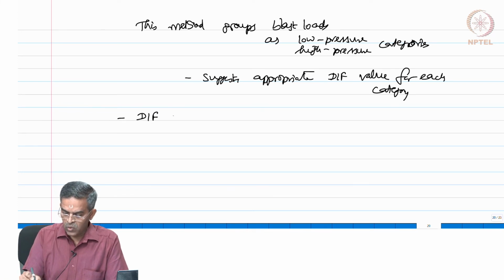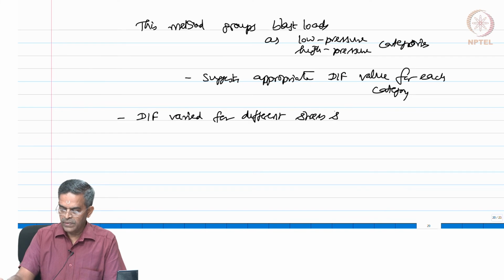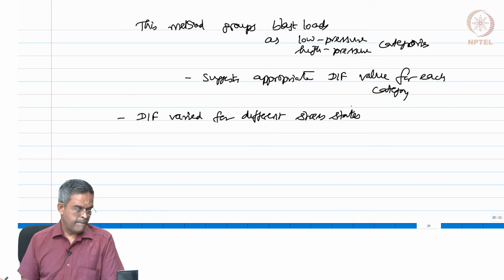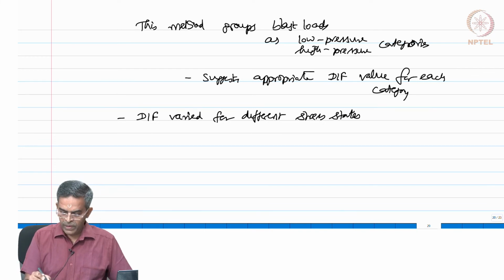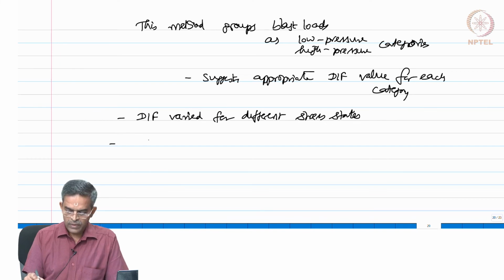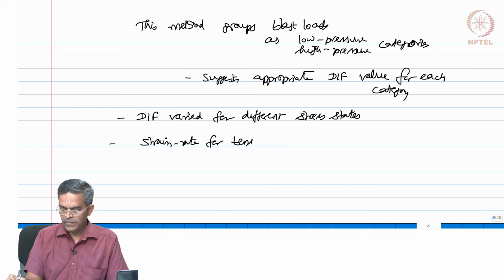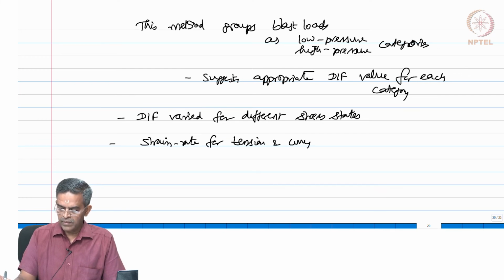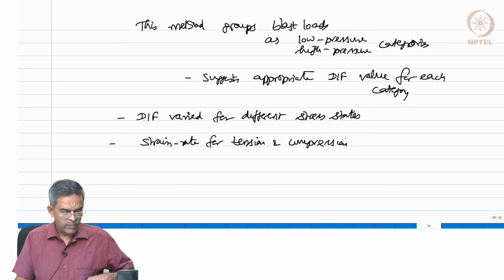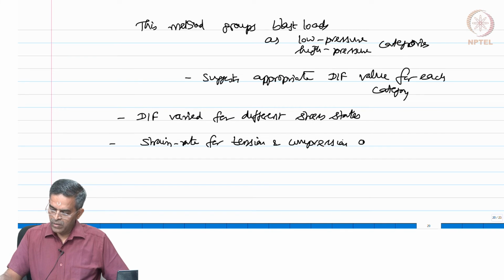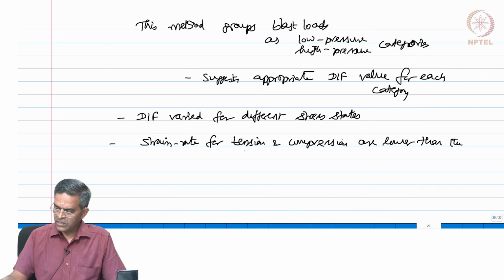DIF values also vary for different stress states. Further, the strain rate for tension and compression are lower than that for flexure.